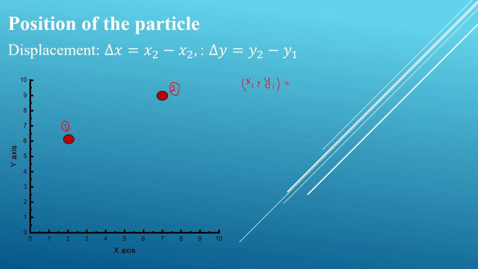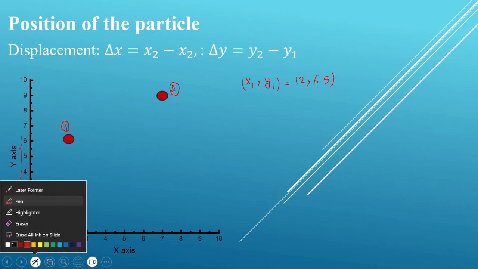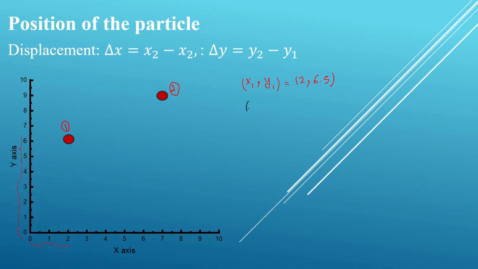My first position, the x-axis, was 2, and the y-axis was about 6.5. And the second position of the particle is x2 and y2, where 2 represents the second position.